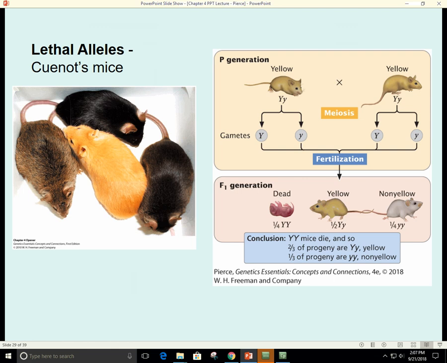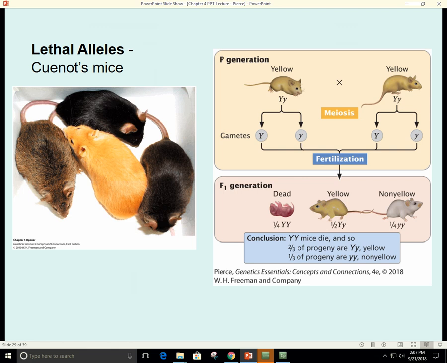So an interesting example of this is yellow coat color in mice. Yellow is dominant to everything else in mice. It's dominant to brown, it's dominant to black, it's dominant to white. So if you have a heterozygous mouse that's yellow and mate it to another heterozygous mouse that's yellow, you would expect 3/4 of the offspring to be yellow, but you don't.